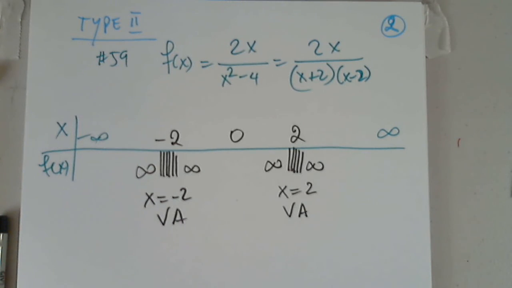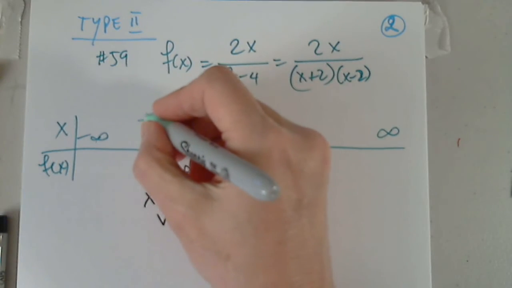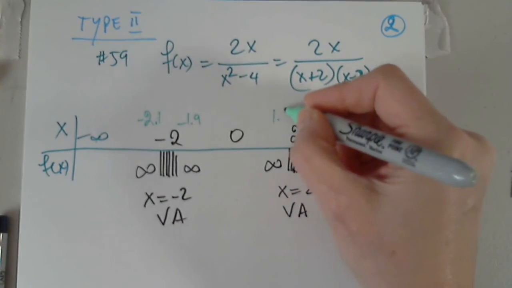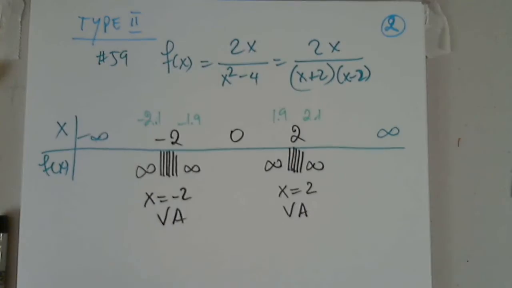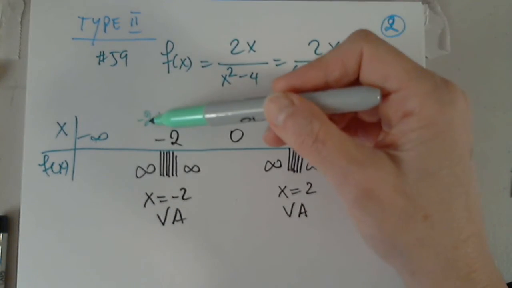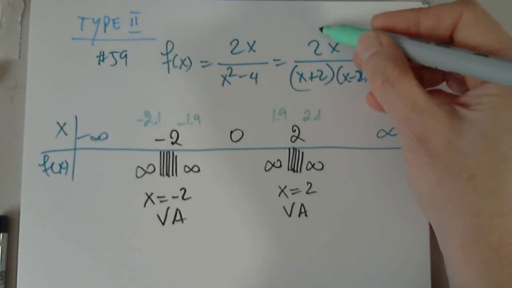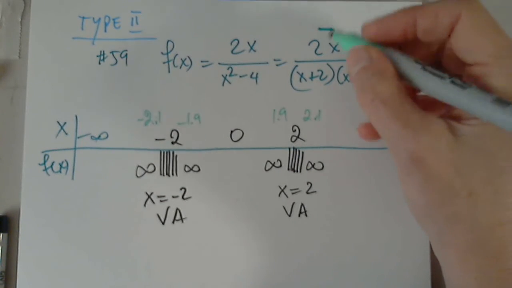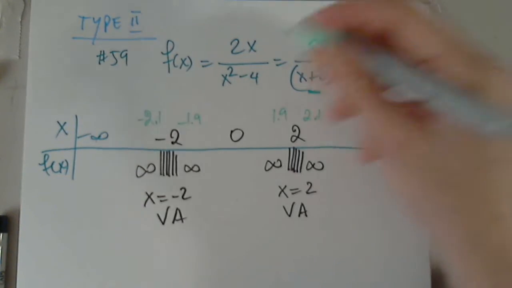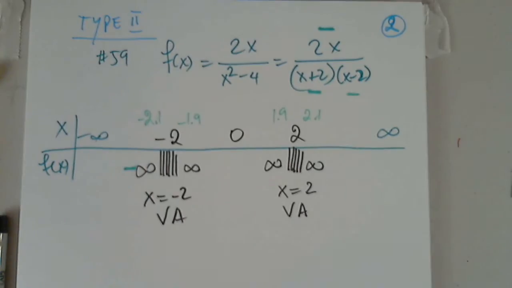Okay, then. I will plug in negative 2.1, negative 1.9, 1.9, and 2.1. I'm not going to use them to graph. I'm just going to use them to find the sign of the infinity. So when I plug in negative 2.1, this is negative, this is negative, this is negative. 3 negatives. Clear.